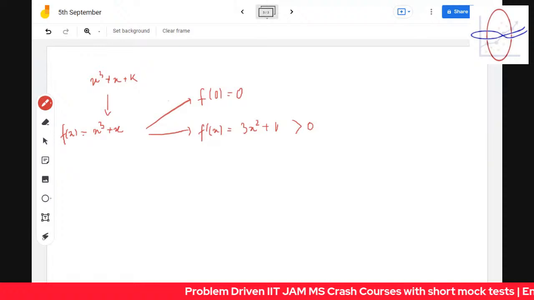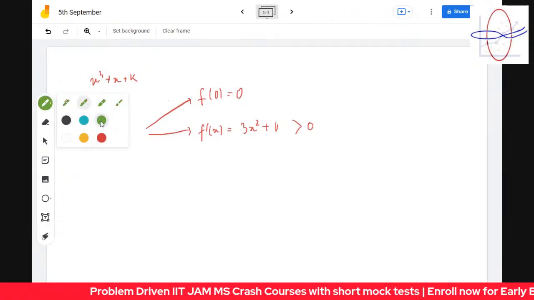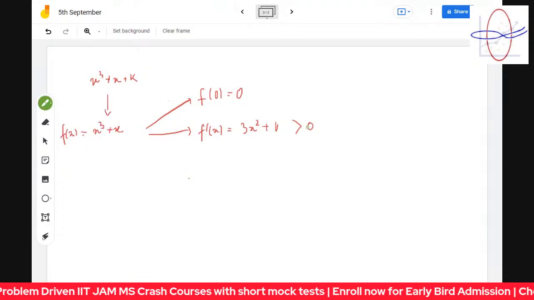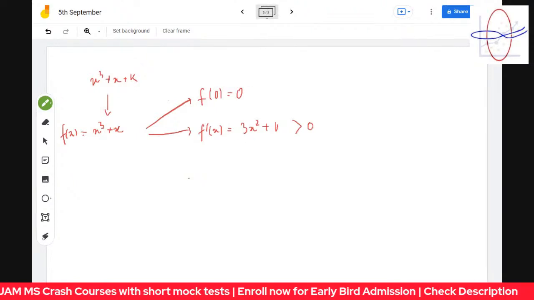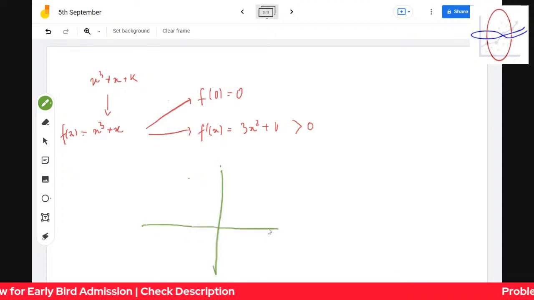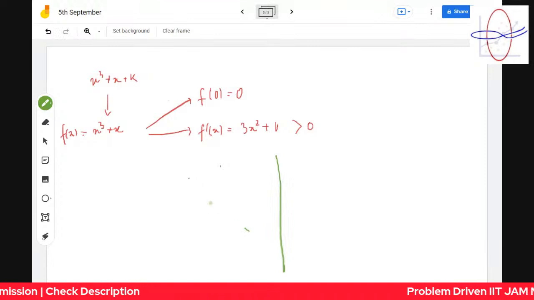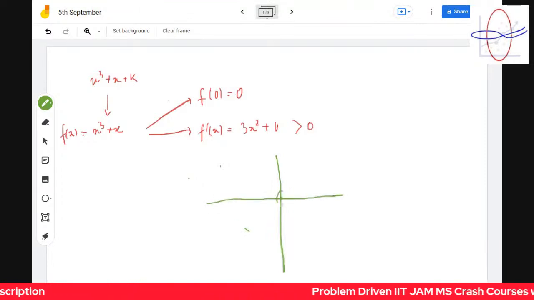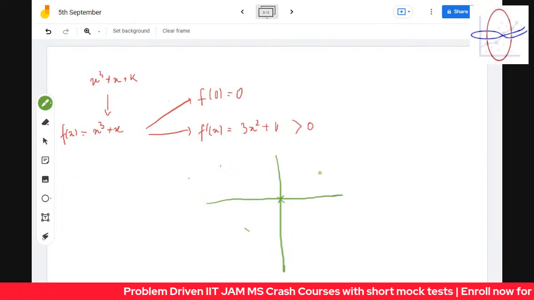It's super easy. If f dash of x is greater than 0, it's an increasing function, and we know that at 0 the function value is exactly 0. It's an increasing function.